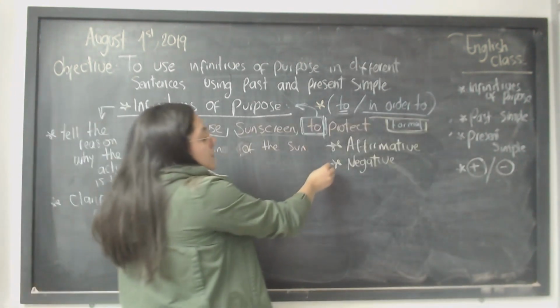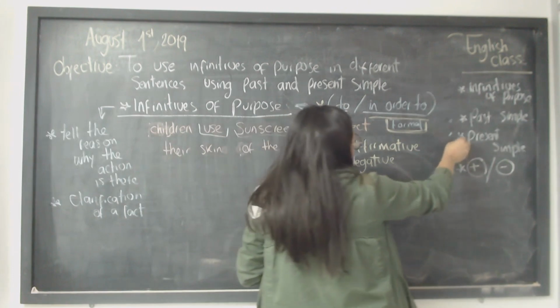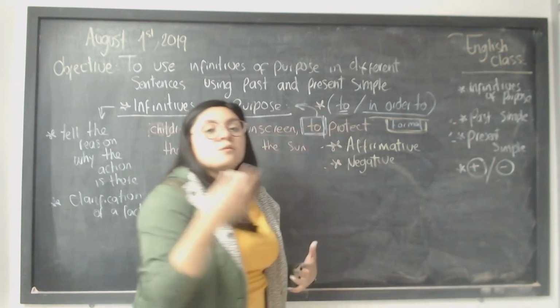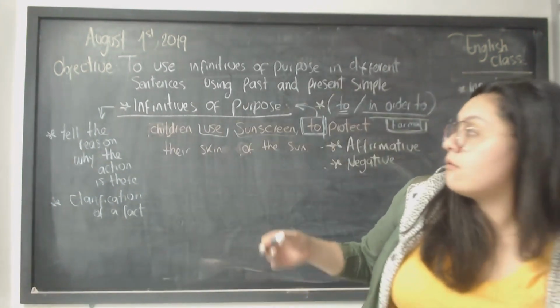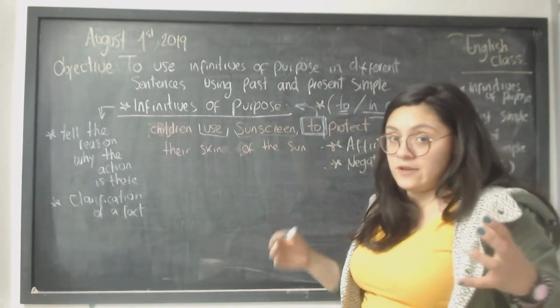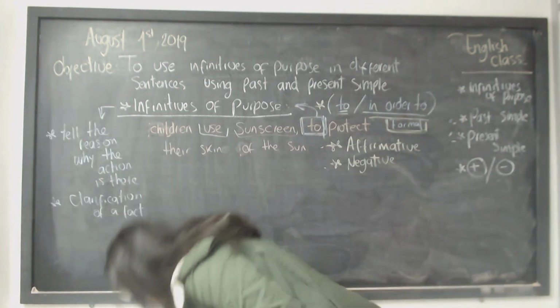So we have affirmative and negative, and we have present simple and past simple. So we're going to make a chart in which we are going to classify them. Vamos a hacer un cuadro en el que vamos a clasificarlos, okay? So I'm going to erase this one.